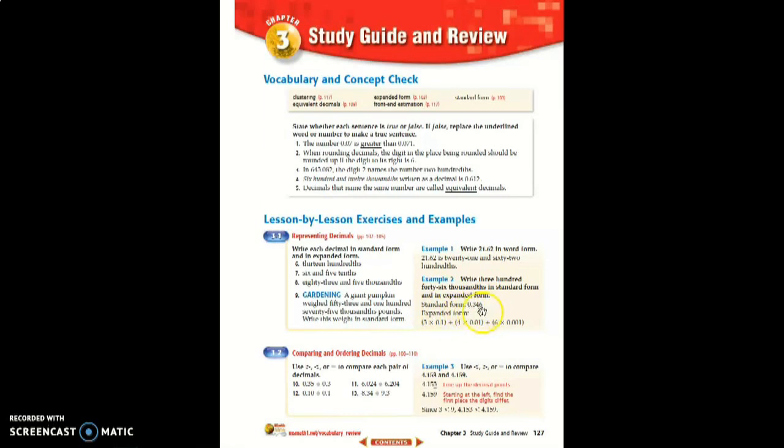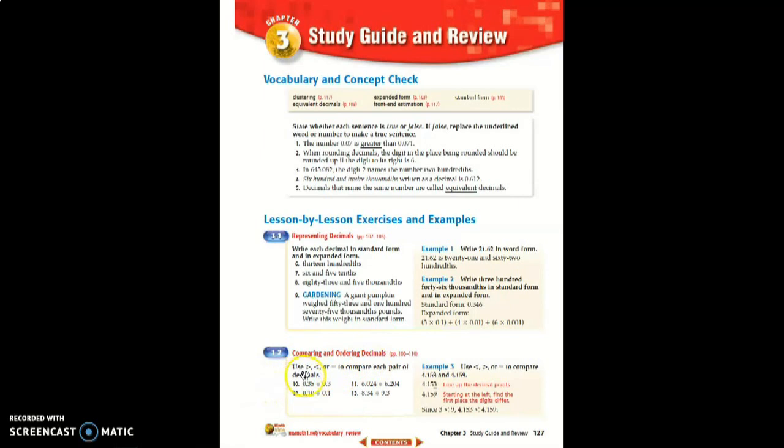Expanded form: 3 times 0.1 plus 4 times 0.01 plus 6 times 0.001.